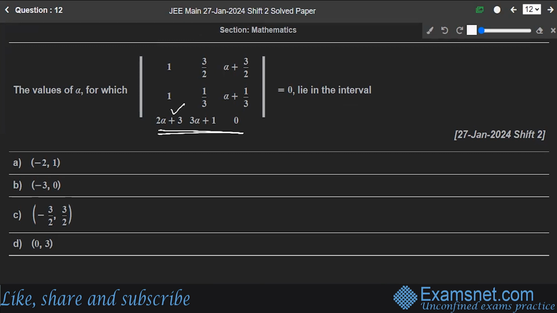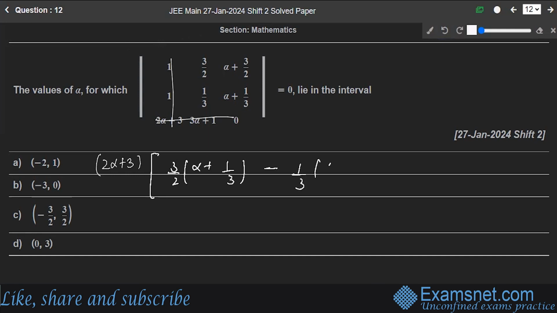So the very first one, 2 alpha plus 3. That means I'll be leaving this row and this column. So first of all, you will multiply this and then minus this. Okay, let's go. This will be 3 by 2 alpha plus 1 by 3 minus 1 by 3 alpha plus 3 by 2, minus here was 3, alpha plus 1 multiply alpha plus 1 by 3 minus alpha minus 3 by 2.